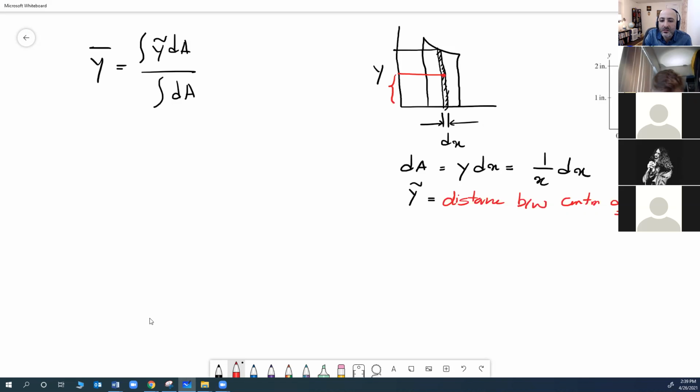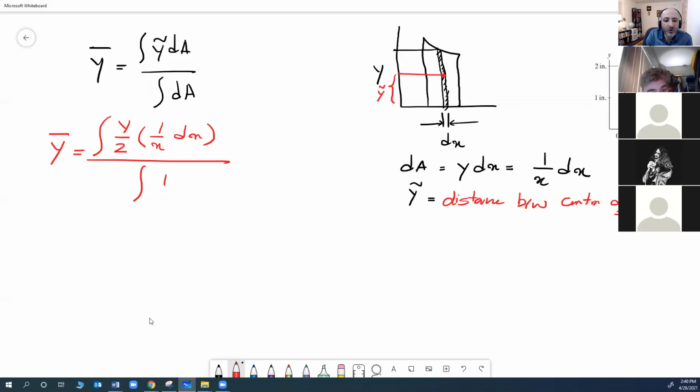So what is this then? Isn't this y over 2? So my y bar is going to be the integral of y over 2 dA, which is 1 over x dx, over the integral of 1 over x dx.